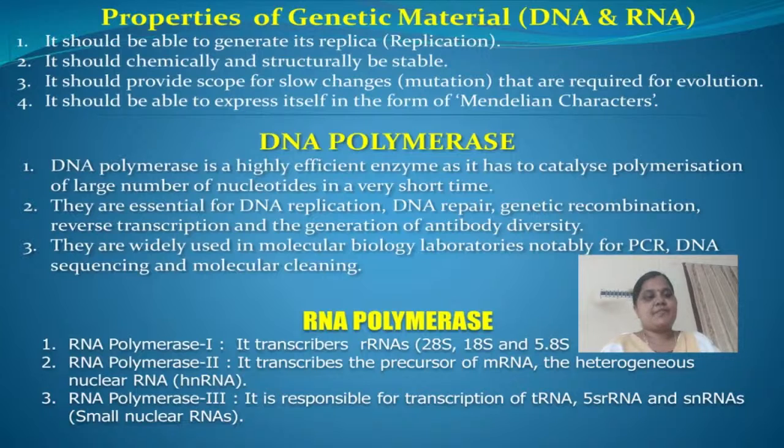The second property is that it should be chemically and structurally stable. The genetic material should be stable through the different stages of the life cycle. This stability was evident in Griffith's experiment, where the transforming principle survived and transformed the bacteria.